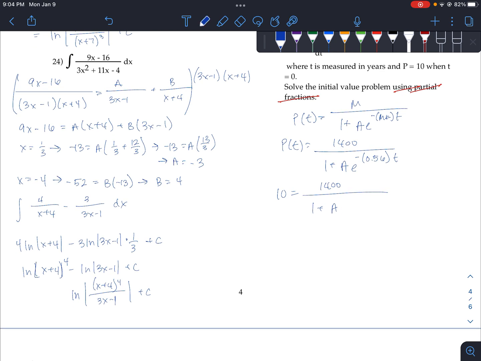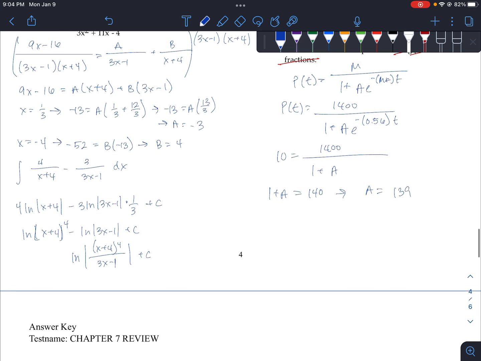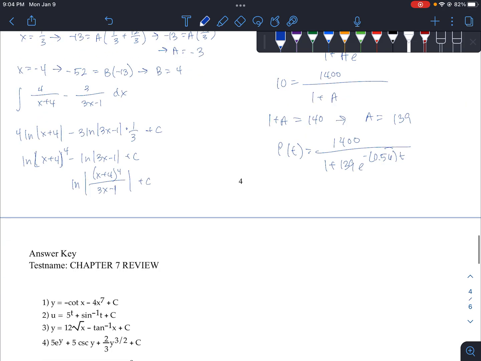So I'm going to multiply both sides by 1 plus A, and then divide both sides by 10. So that's going to be 140. So it seems like A is going to be equal to 139. So P of t is going to be equal to 1400 divided by 1 plus 139 e to the negative 0.56 t. And there is your solution right there.